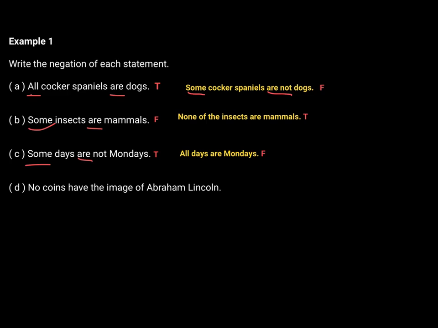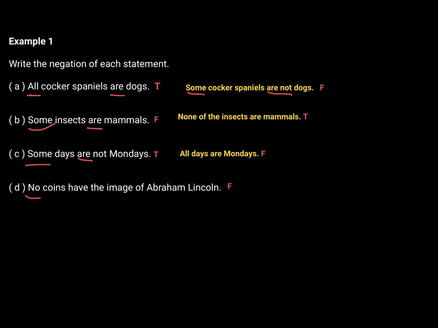Last one. No coins have the image of Abraham Lincoln. Now that's a false statement, right? Because pennies have Abraham Lincoln on them. So this is a false statement. The quantifier here is the word no. It's kind of similar to none, right? None or no. And this is a false statement.